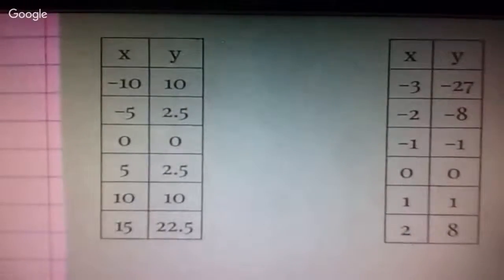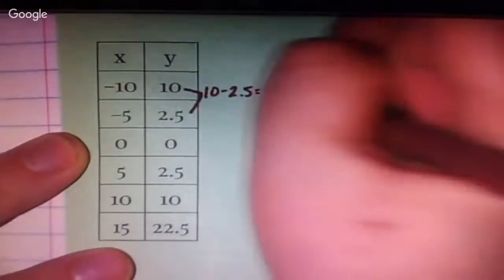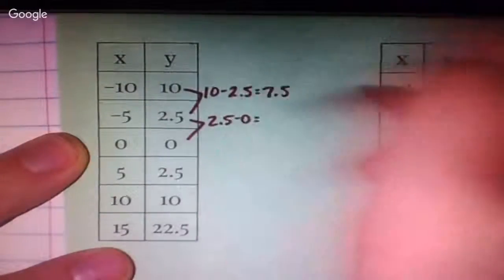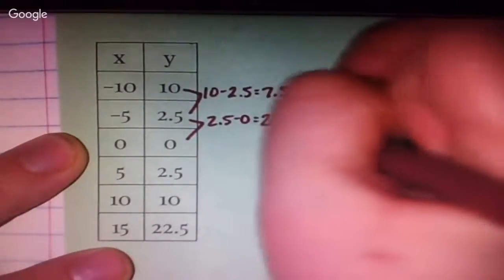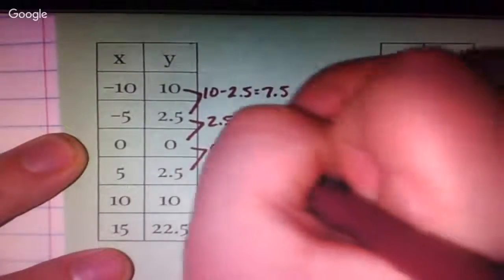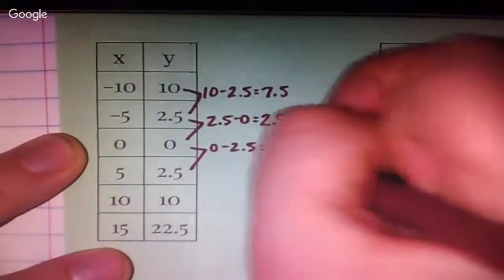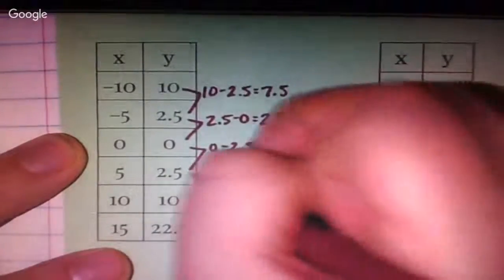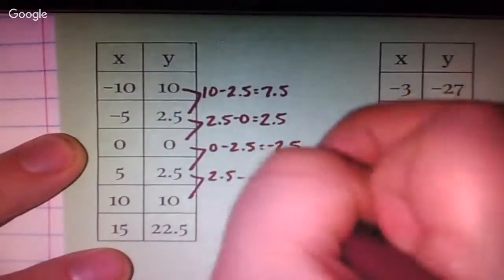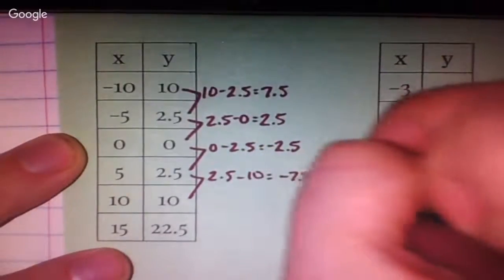Okay. Let's move down here. Oh no, we added in decimals. Guess what? You've got a calculator in front of your face. It's right there. So 10 minus 2.5, 7.5. 2.5 minus 0, 2.5. 0 minus 2.5, negative 2.5. 2.5 minus 10, negative 7.5.